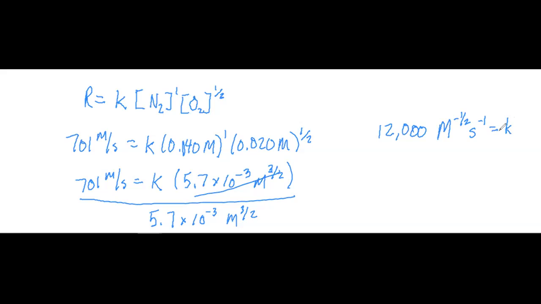So this would be the value of my rate constant: 12,000 times molar to the negative half per second is my constant value.